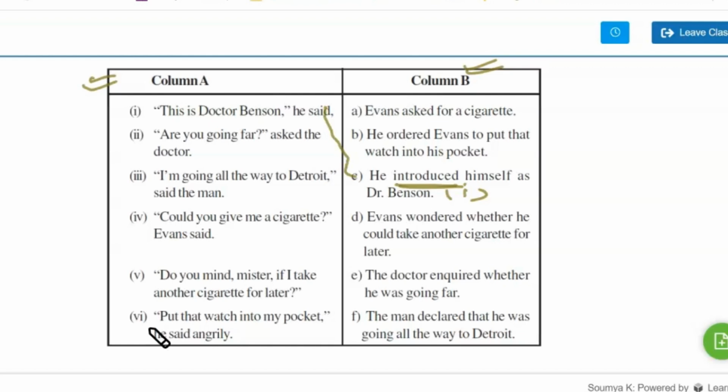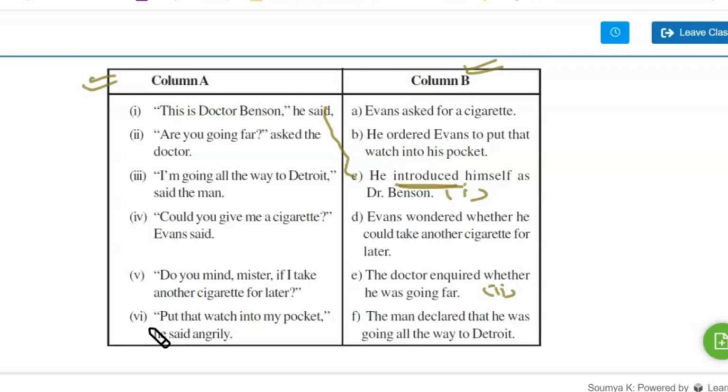Next, one for C: are you going far, asked the doctor. The doctor asks something, and that speech is reported here in the direct way. Now see here, the doctor inquired whether he was going far. That would be a better matching sentence, two matches with E. I'm going all the way to Detroit, said the man.